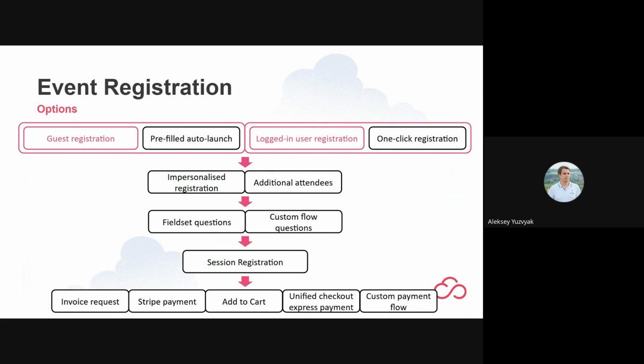Also, in the event registration flow, impersonalized registration can be switched off or enabled, where we don't collect any additional detail about the attendee. It's like simple tickets without any personal information. Or you can add an additional attendee within the registration process with full name and email.